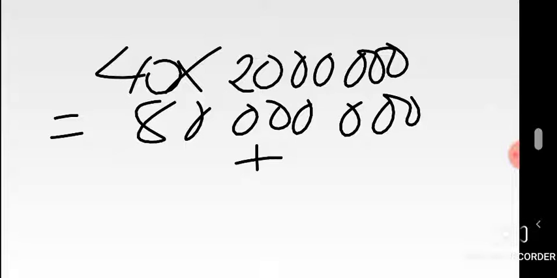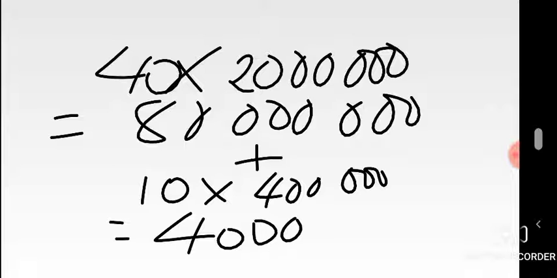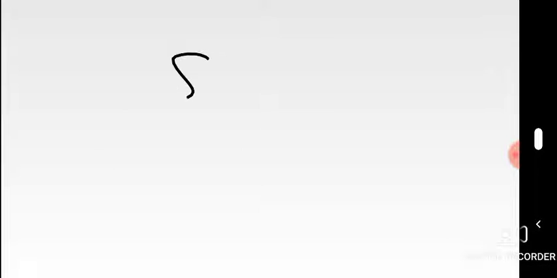Plus subscription. How much is the subscription price? 10. Number of new shares, did we find them? Yes, we found them as 400,000. If you rewind this video, we got this figure as the new shares. Answer 4 million. The addition of the two gives us 84 million.